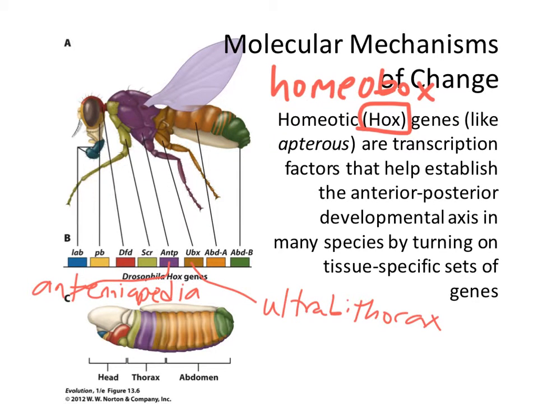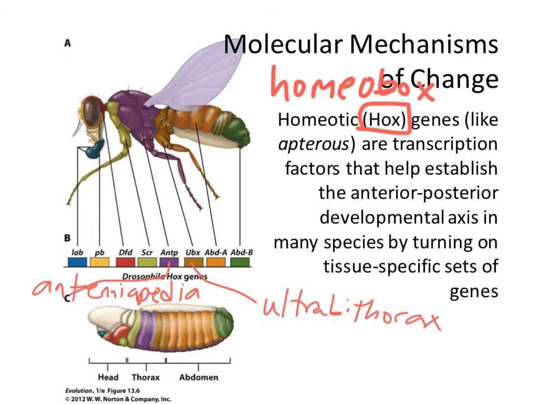And the really cool thing about the Hox genes, which is sort of incidental, maybe, is that they are oriented on a chromosome in a gene cluster. So all of these genes are right next to each other on one chromosome in Drosophila. And look at their arrangement from left to right, or from 5' to 3' on the chromosome.